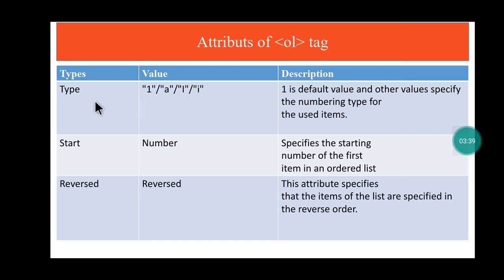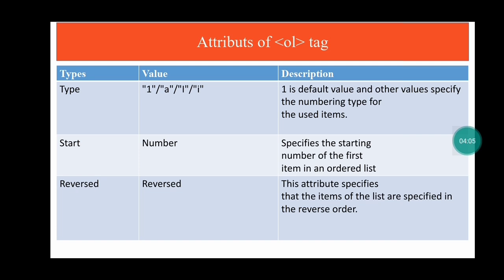You can use these as a value with the type attribute of the OL tag. By default, 1 is the value, and with other values you can specify the numbering type for the list items. That may be alphabetical A, small or capital, Roman number capital or small. That you can specify with the type attribute.